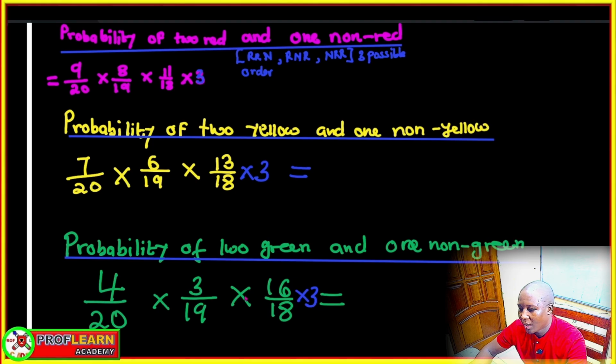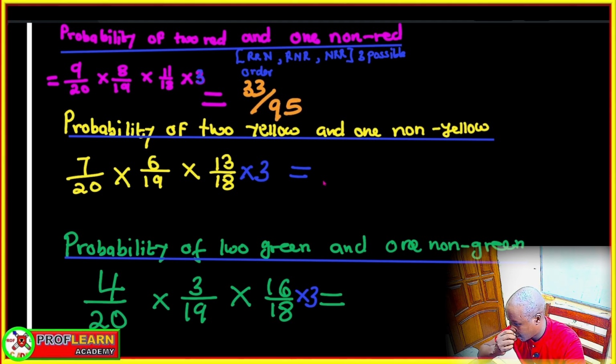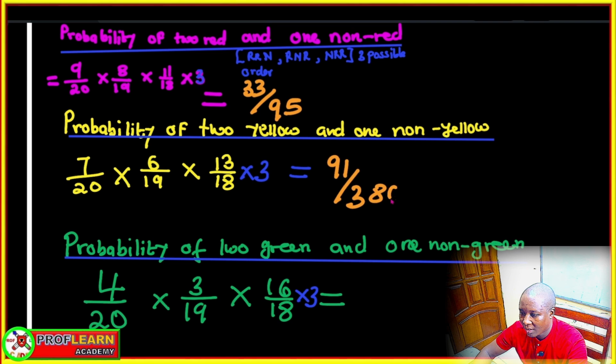Then we put everything in the calculator so that we can find the total probability. The first one gives me 3 over 95. The second one gives 91 over 380. And this one gives us 8 over 95.